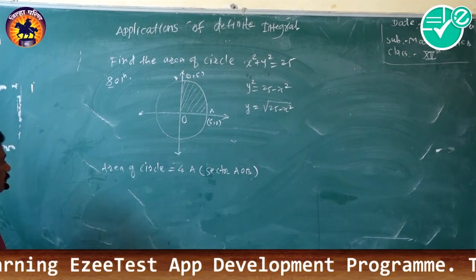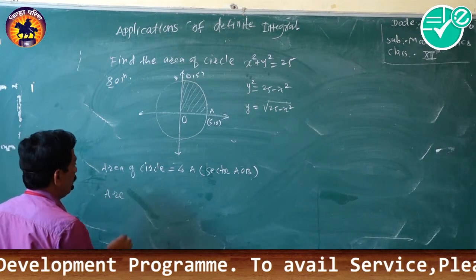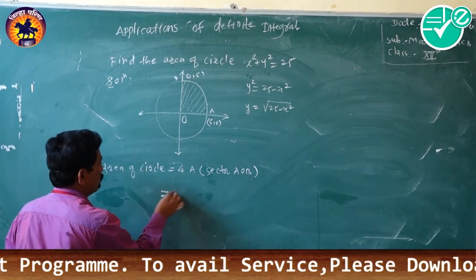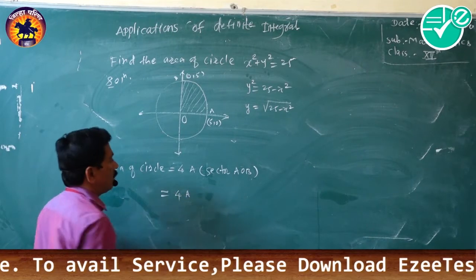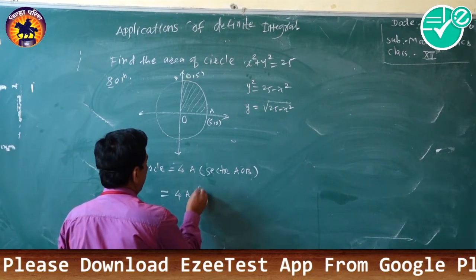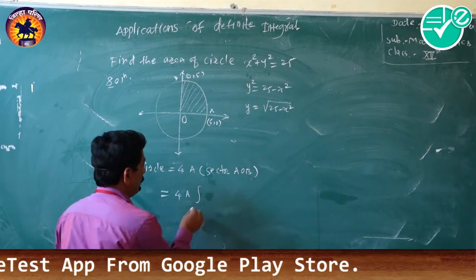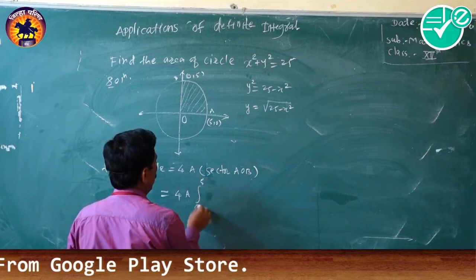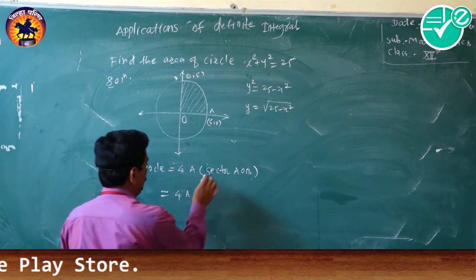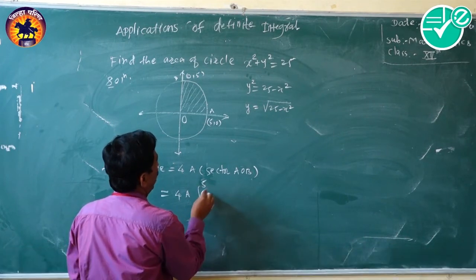Therefore area is equal to 4 into area of sector. This sector we have to find. The limits are integration from x is equal to 0 to x is equal to 5, that is 0 to 5 into y dx.